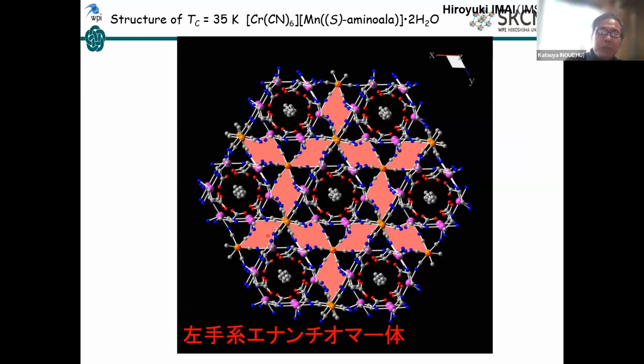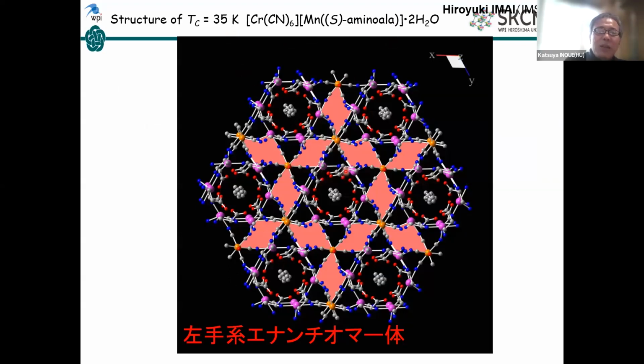one. Here we can find the chromium, the manganese and the cyanide bridges, and they make a helix, only one-sided helix. If we use left-handed alanine, our helix is a left-handed chiral helix here.